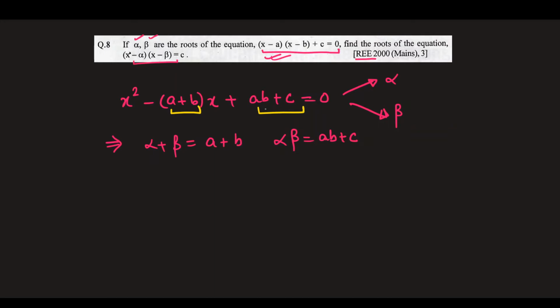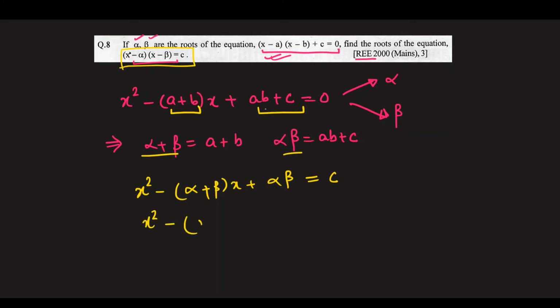Now if we use this equation and expand it, we get x square minus alpha plus beta into x plus alpha beta is equal to c. Now just put these values and you will get x square minus a plus b of x plus ab plus c is equal to c.